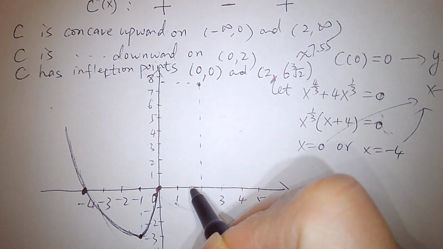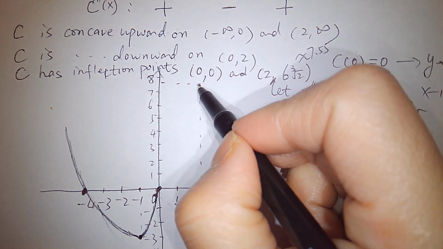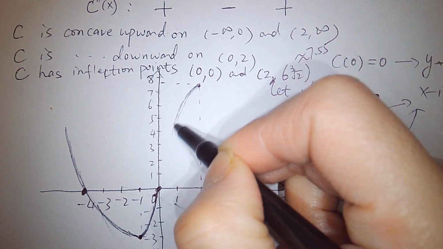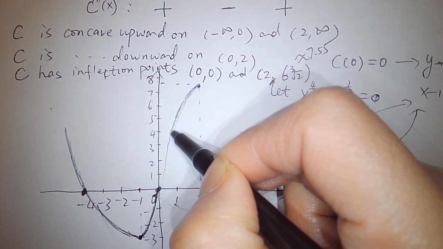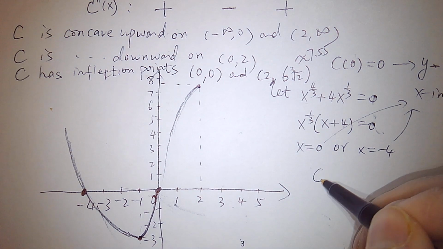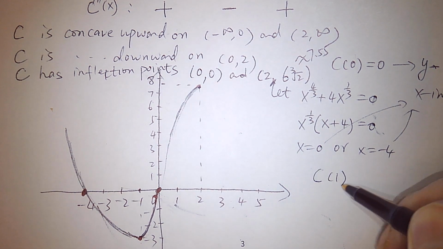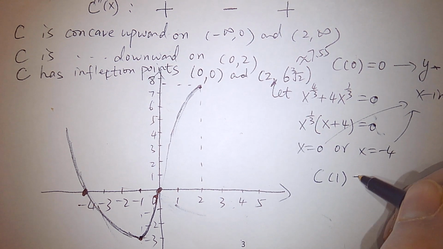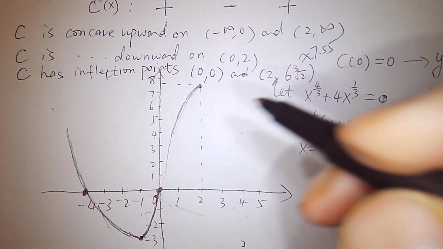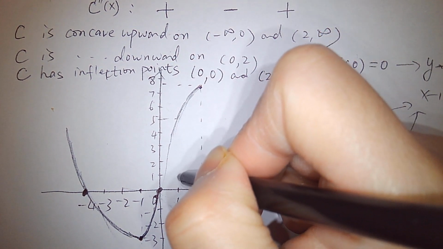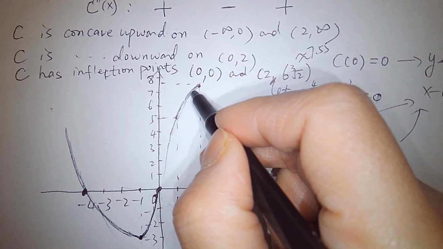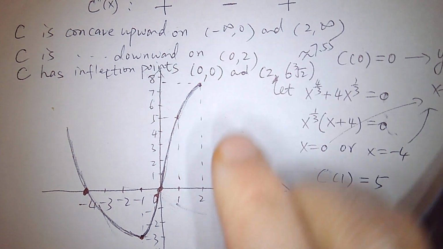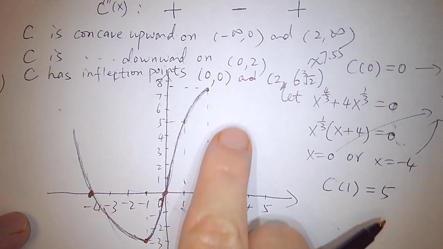So between 0 and 2, we'll have a concave downward graph. You can also try another key point, say c of 1, because you don't know where c is when x equals 1. That gives us 5. Oh, it is here. Right? So this is so far, okay?